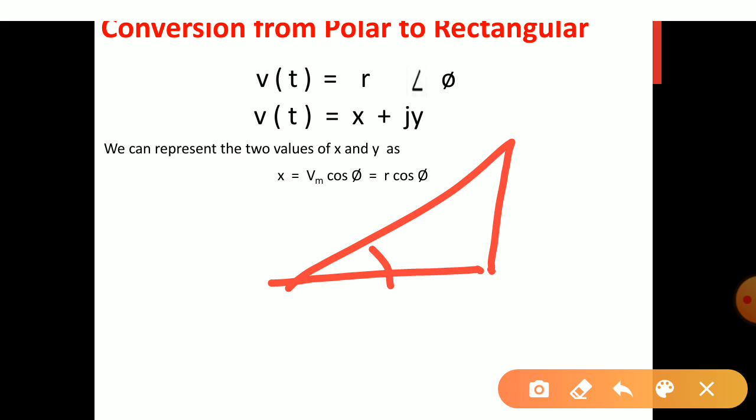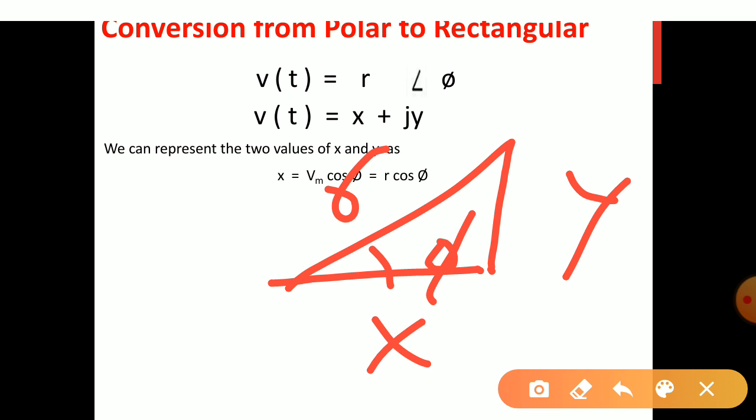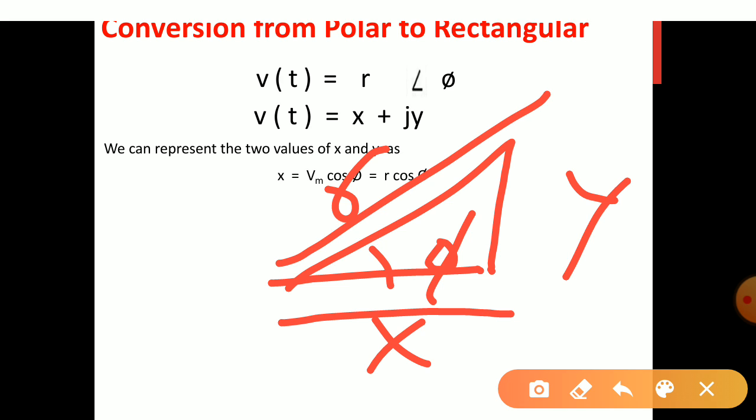Let's say this is angle phi, with sides r, x and y. So find out cos of phi. Cos of phi is the adjacent side upon the hypotenuse side, x divided by r. Cos of phi is x divided by r.